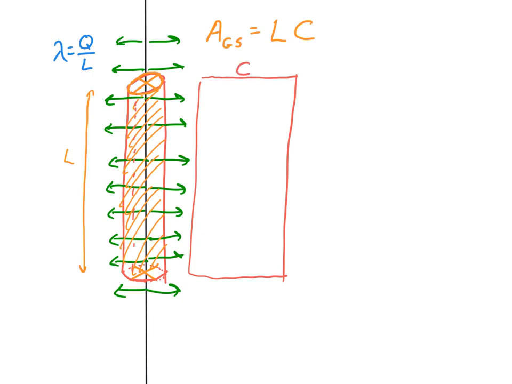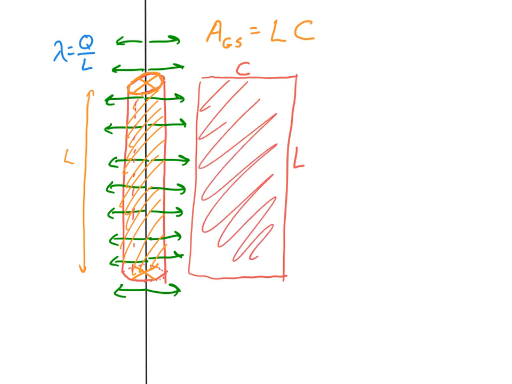This is the circumference, that's the length, and this is the area of our edge of the cylinder. More specifically, it'd be length multiplied by 2 pi r, where r is the distance from the charge all the way to the edge of our Gaussian surface.